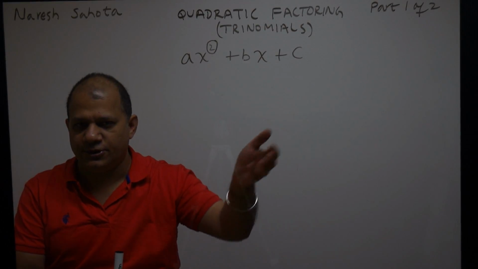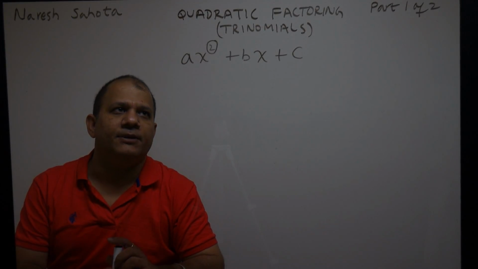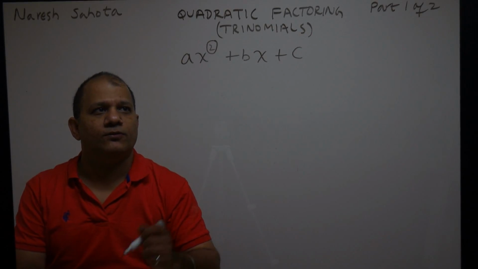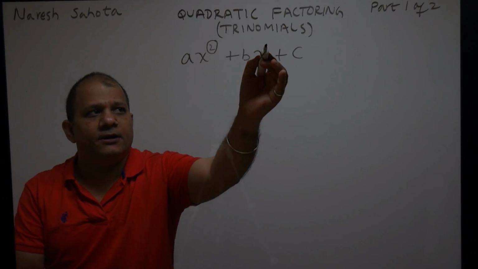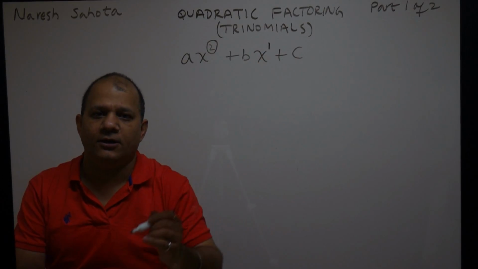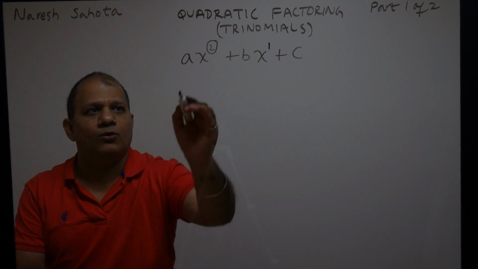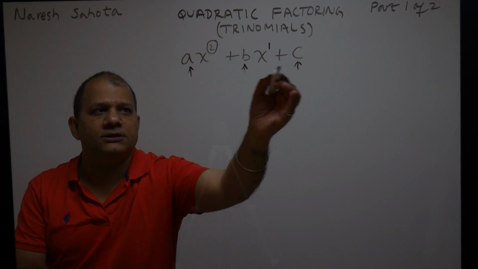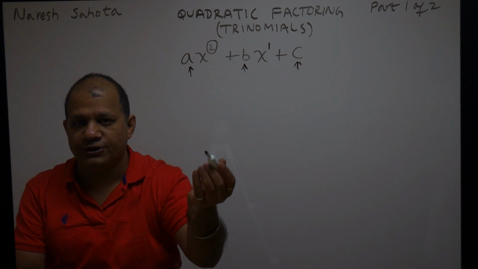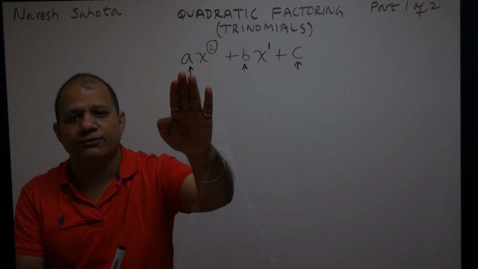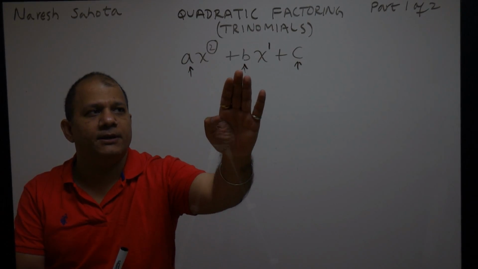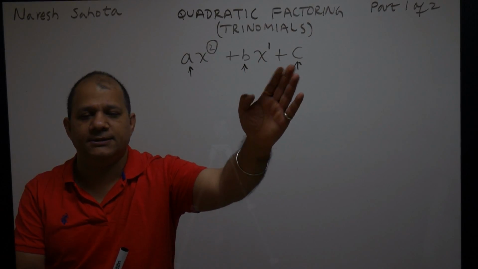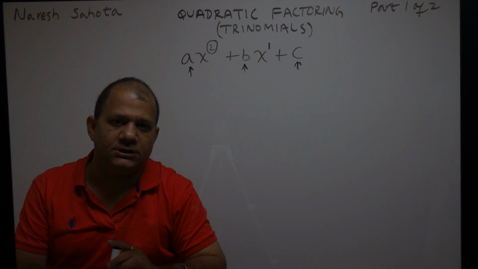If I make it equal to 0, then that would be an equation, but quadratics are second degree functions. So we've got x squared, x to the 1, and then the constant term. The a, the b, and the c are constants. a and b are the coefficients. a is the coefficient of the x squared term, b is the coefficient of the x to the 1 term, and c is the last term, which is constant.